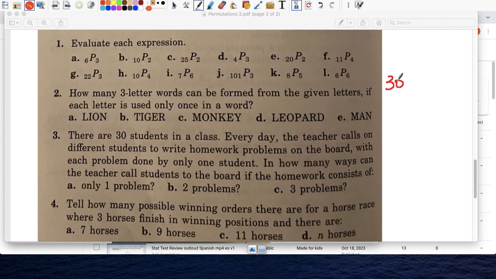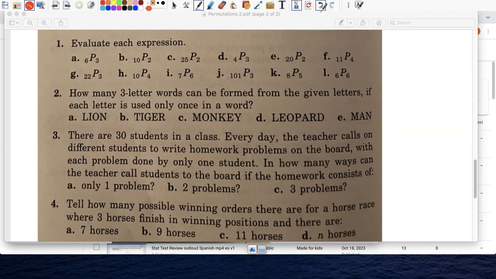So 30 students, taking 3 at a time, it's going to be 30 times 29 times 28. That's a shortcut, right? So 30 factorial over 27 factorial. Everything from 27 down gets simplified, leaving you with that. So 30 times 29 times 28, 24,360.